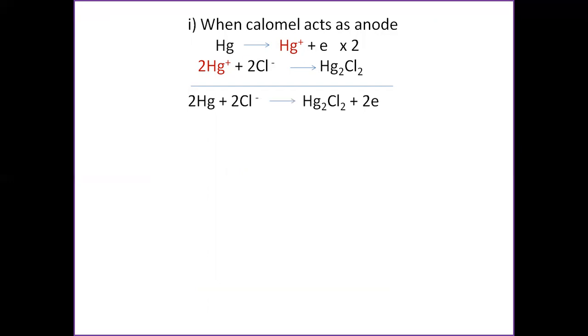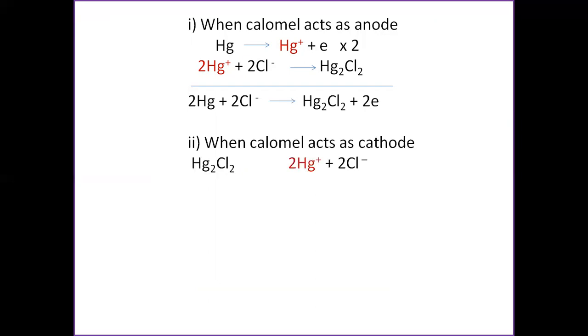Similarly, if you see the reaction happening at cathode, that is when Calomel acts as cathode, reduction should happen. For the reduction process, mercurous chloride will give rise to Hg+ and Cl-. The Hg+ thus formed will receive the electrons and become Hg.